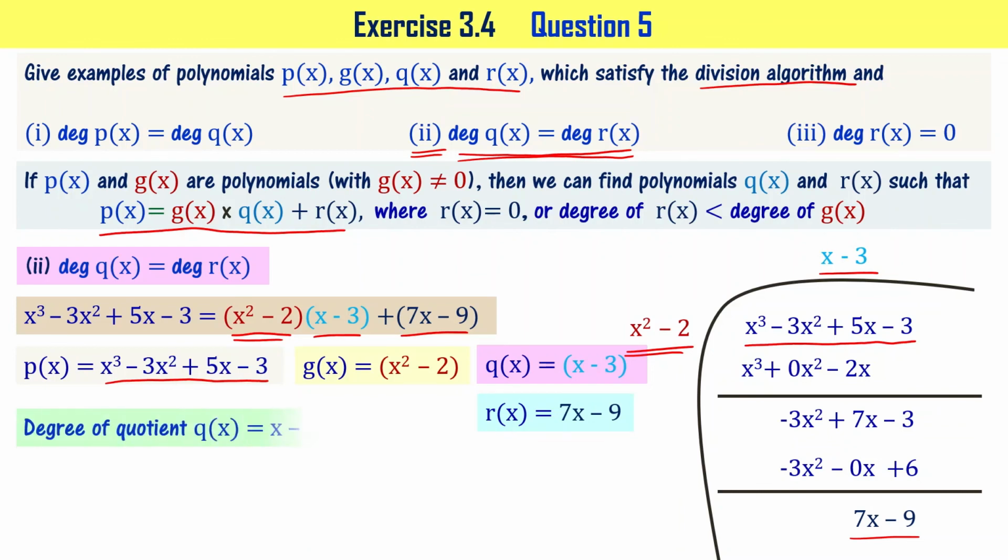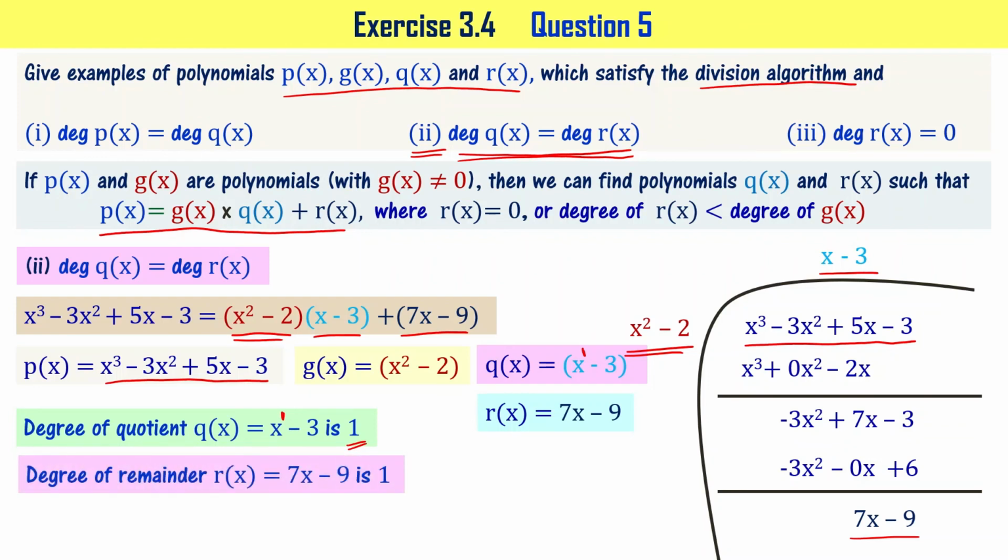As you see here, the degree of quotient is 1, right? X minus 3 is 1. The degree of quotient is 1, and the degree of remainder is also 1, right? This is the requirement. We have to show that degree of q of x is equal to degree of r of x, right?